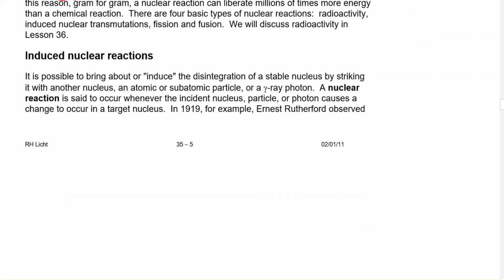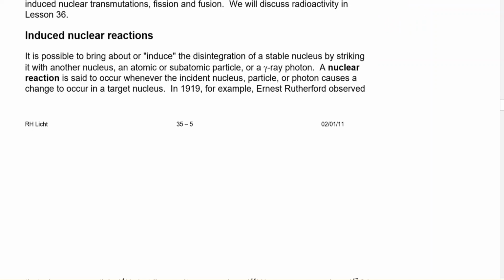Different types of reactions. We've got induced nuclear reactions. What can happen is that we have some kind of atom sitting here, and then you've usually got a neutron or a gamma ray, something that has some energy.